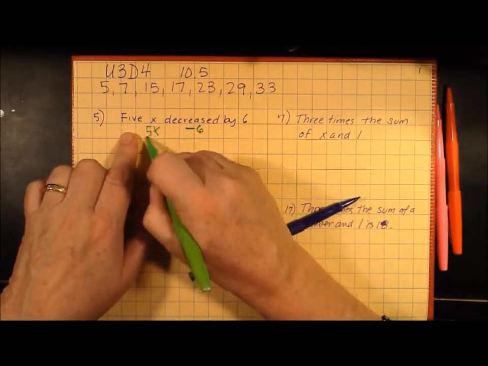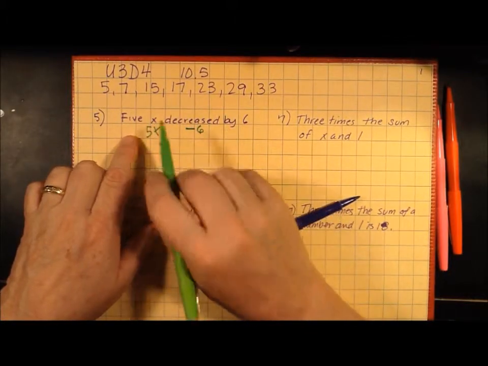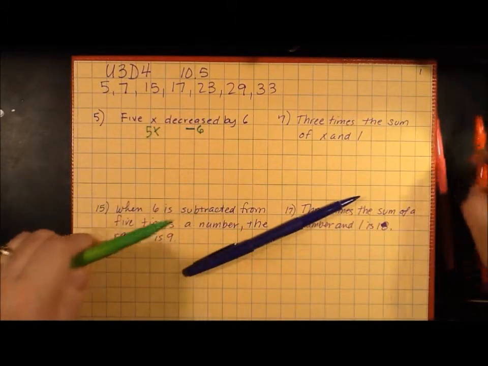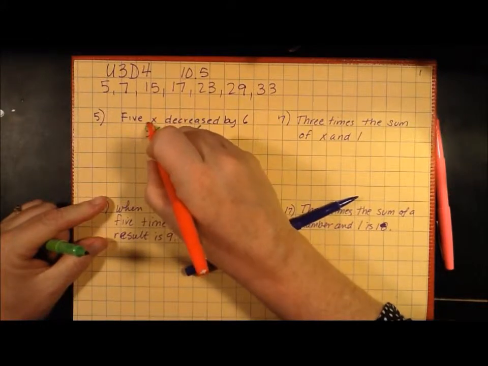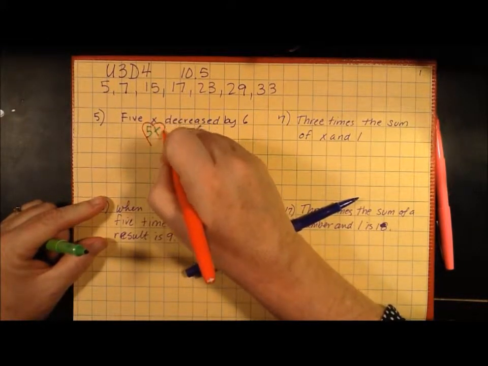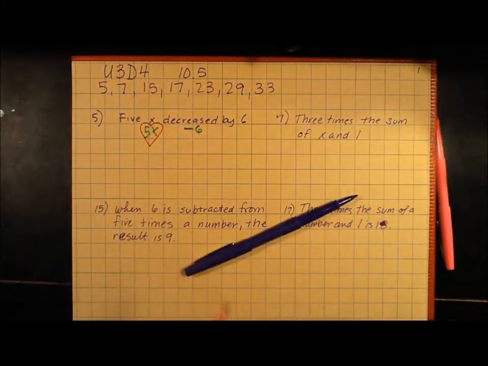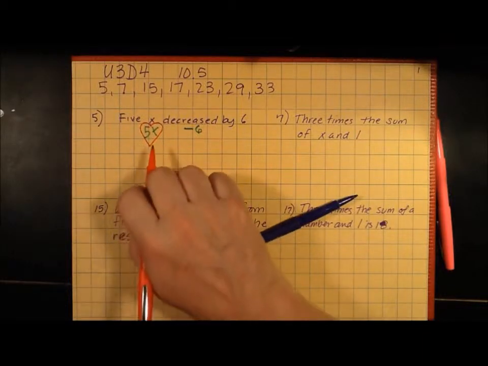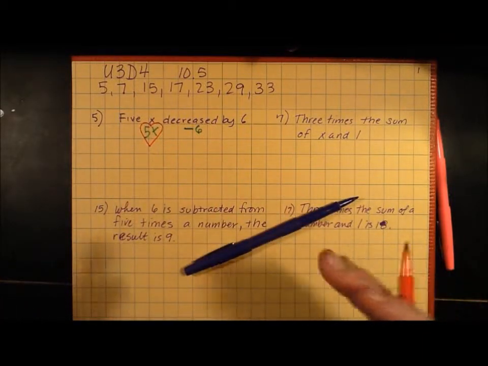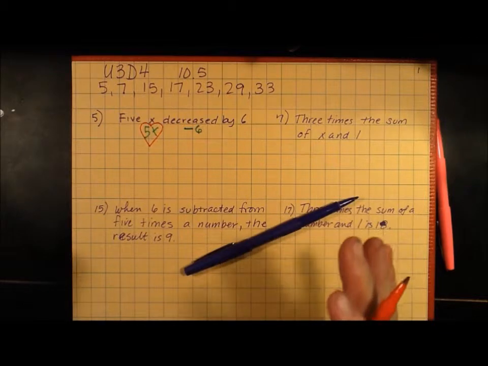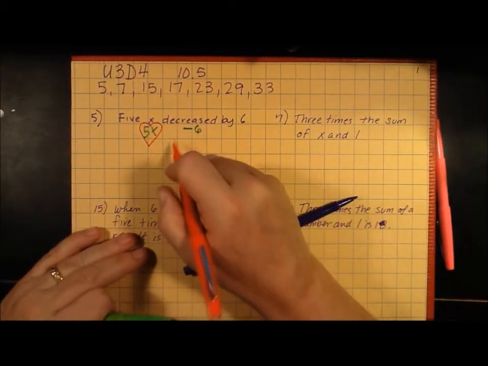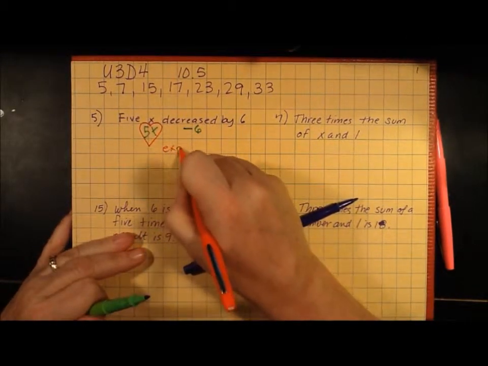So 5 x's decreased by 6. If I look at this particular example, 5x is the heart. Okay? So here we have 5x decreased by 6. Please notice that there's no equal sign, so this is not an equation. This is simply an expression.